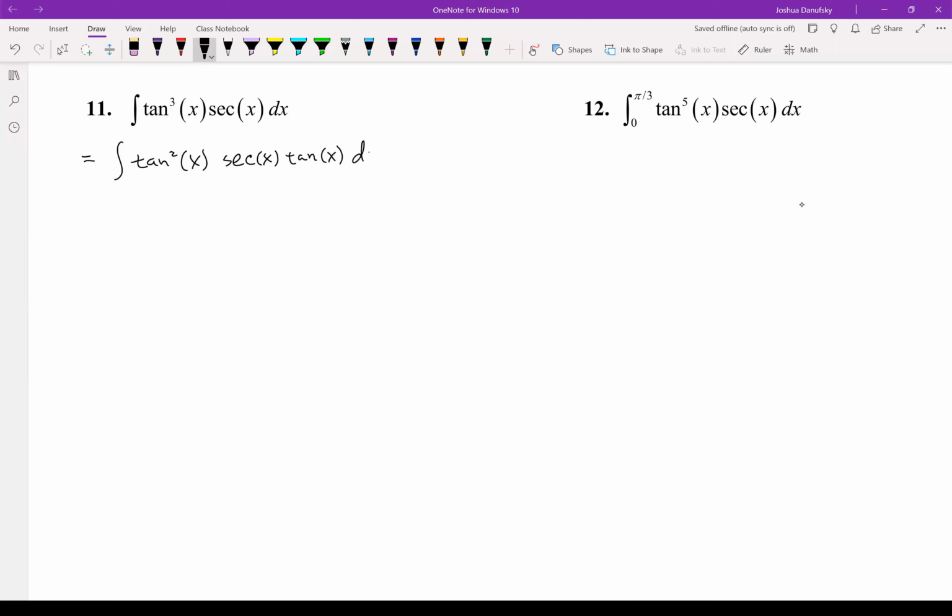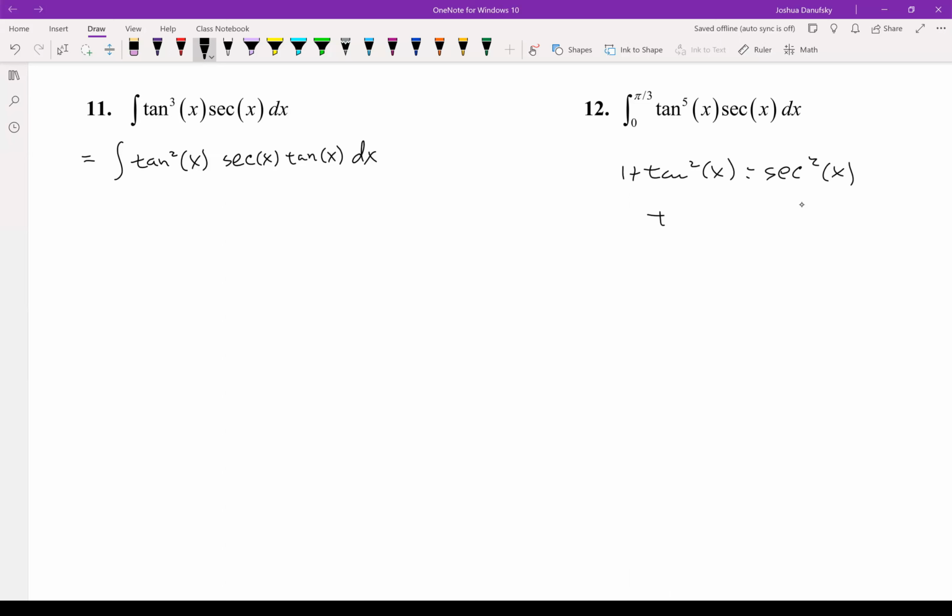And now I'm hoping we recognize right there that that's the derivative of secant. So if I could just rewrite this in terms of secant and then do u substitution, we'd be in good shape. Well, it turns out we've got 1 plus tan squared x equals secant squared x.